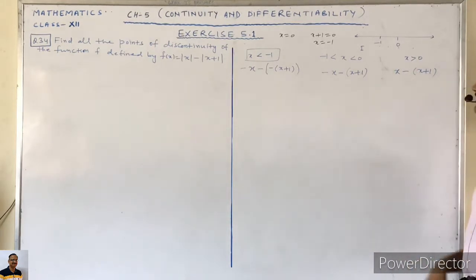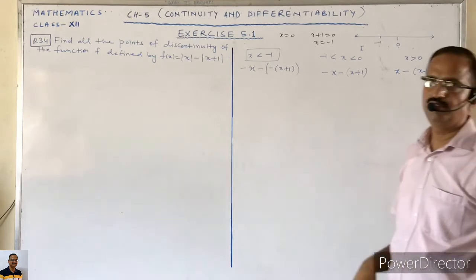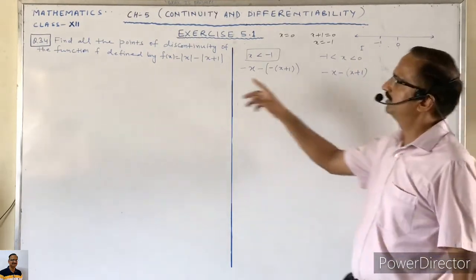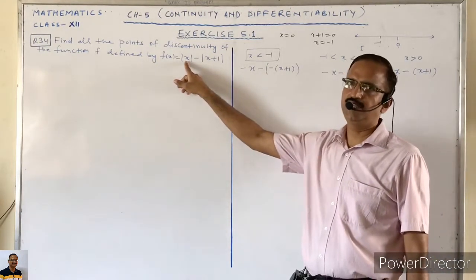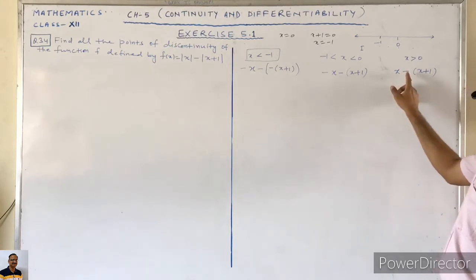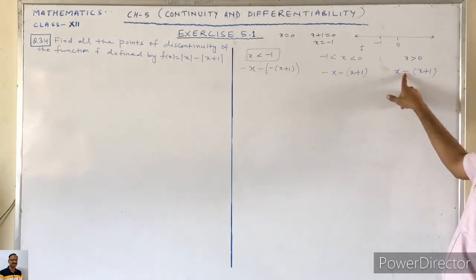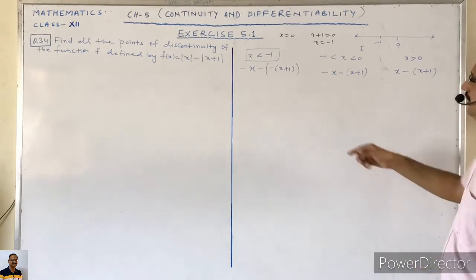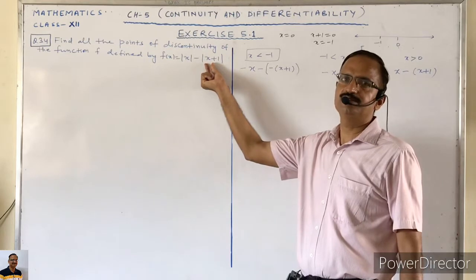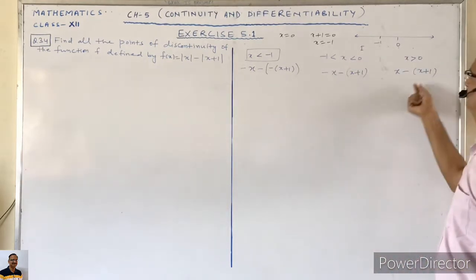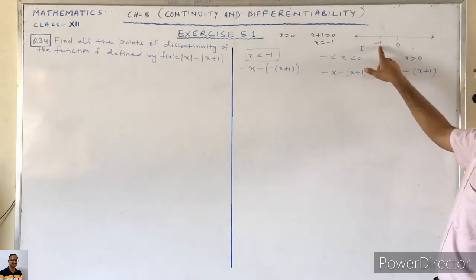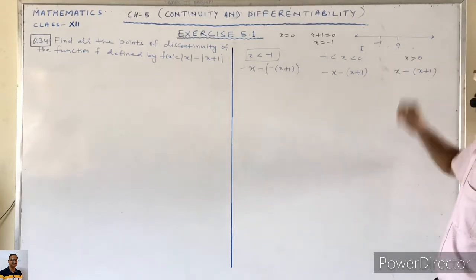Now when x is greater than 0, like 1, 2, 3, suppose we put x = 1 and this is positive. Now this is the sign which is given in the function itself. Now when we put x = 1 in the second function, it is 1 + 1 is 2. So this is positive.